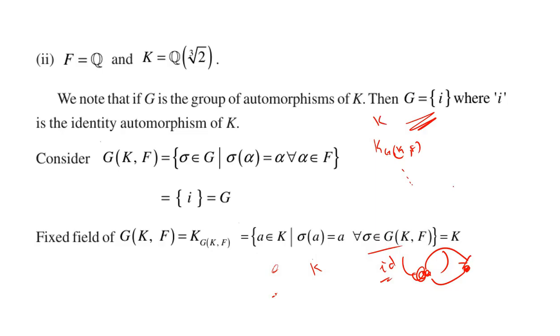So in some cases you may have this to be K itself, in some cases it may be properly contained, and in some cases the whole of the base field. I mean, the fixed field lies between F and K. So in the first case we had the base field, and in this case we have the whole of K.